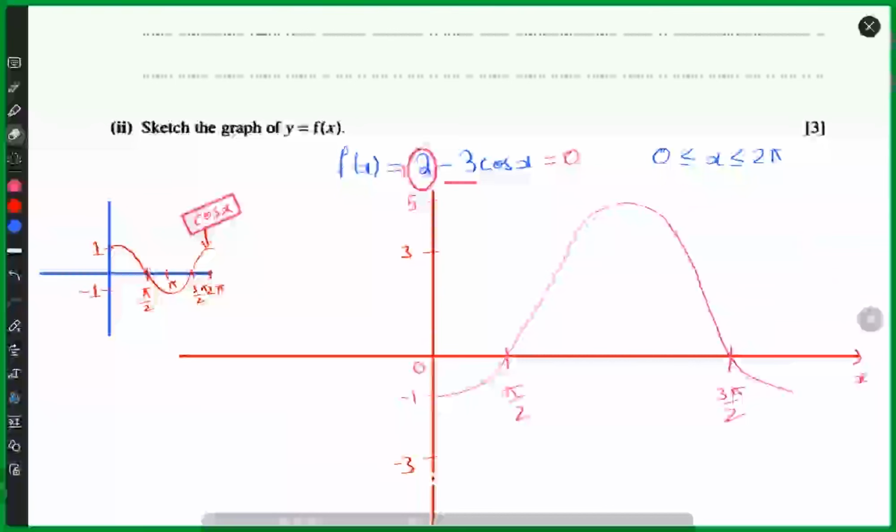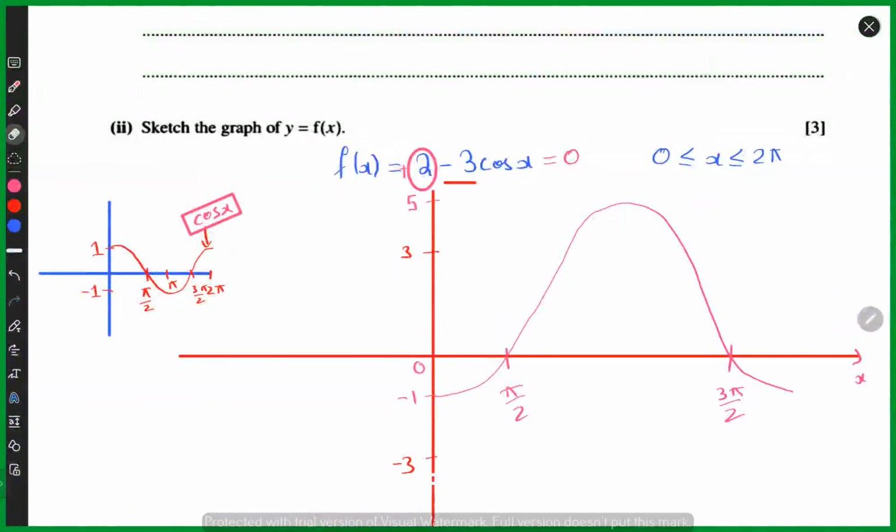And let me check the marking scheme. If we have start and finish at roughly the same negative y value, more above the x or below. But this is a 3-mark question. The first mark is for labeling the x-axis, that is from 0 to 2 pi.